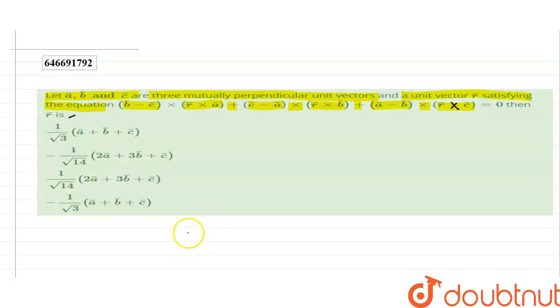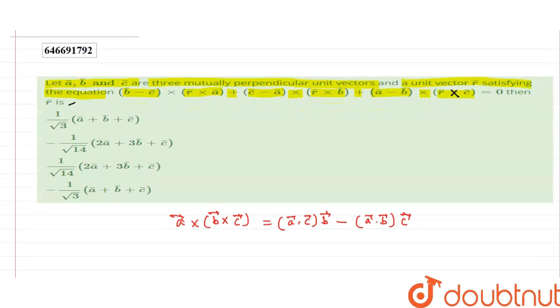The formula we have to know is that A vector cross (B vector cross C vector) can be written as (A dot C) B vector minus (A dot B) C vector. You know this thing.